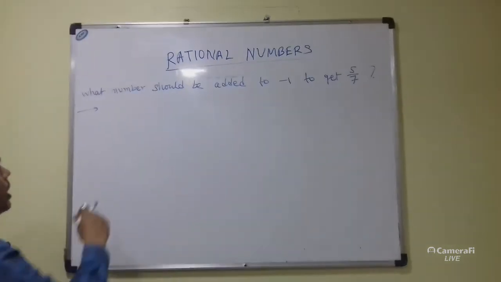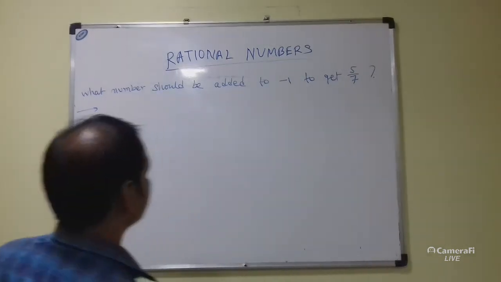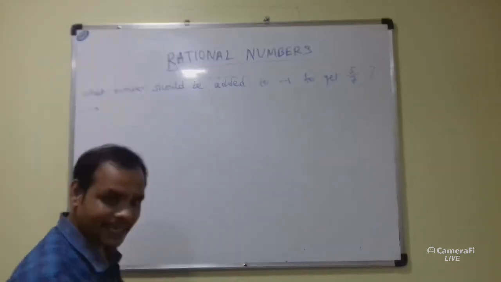This is the question. What number should be added to minus 1 to get 5 by 7? So we can solve it by taking x.